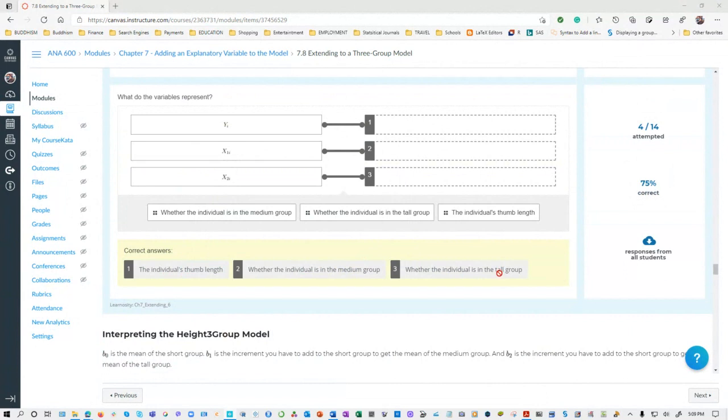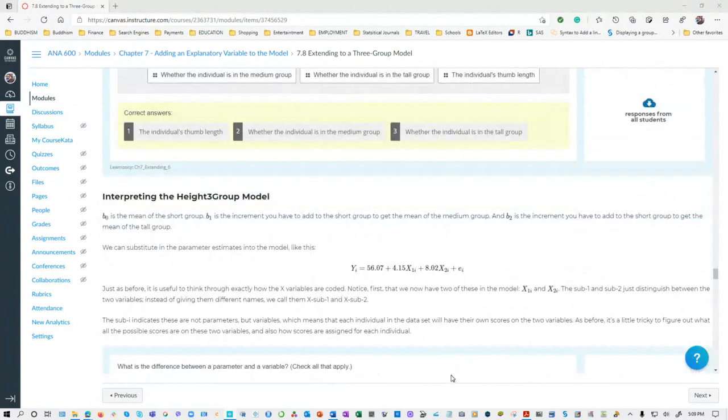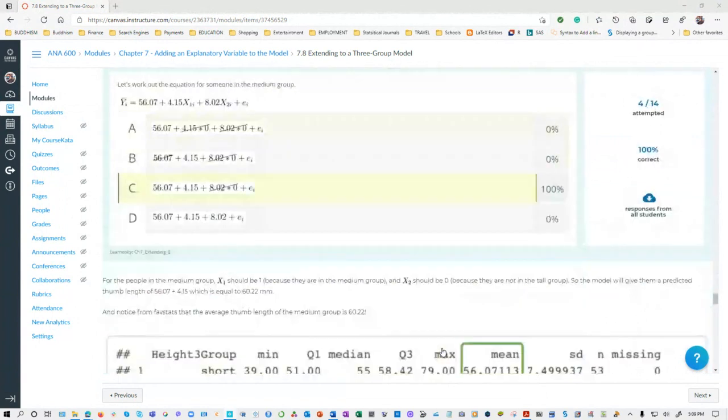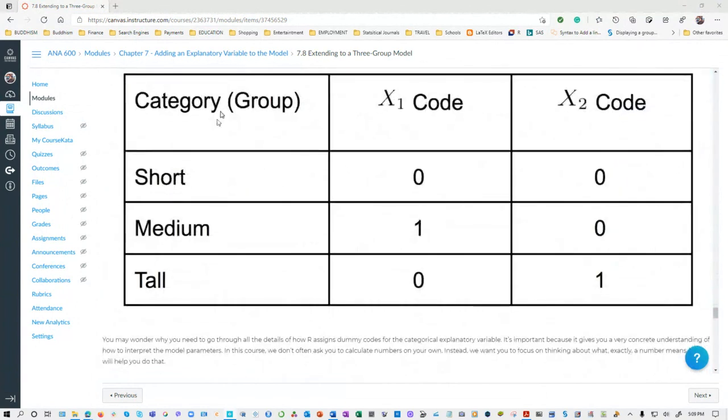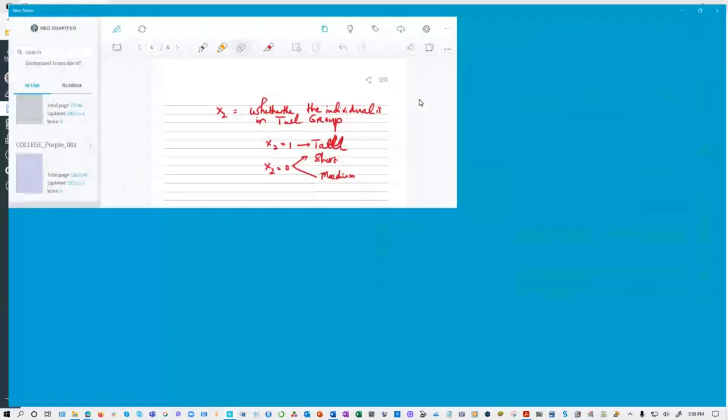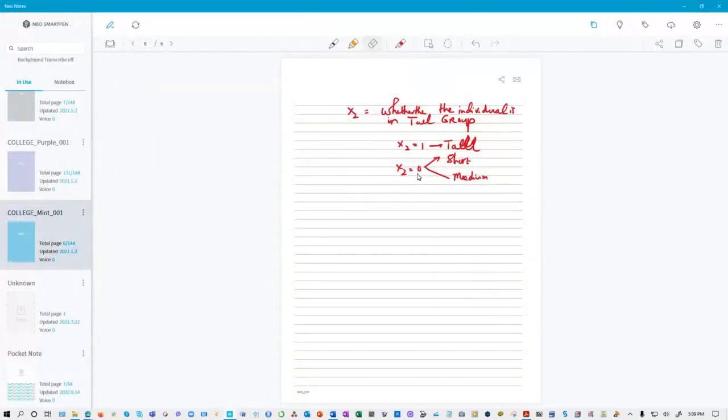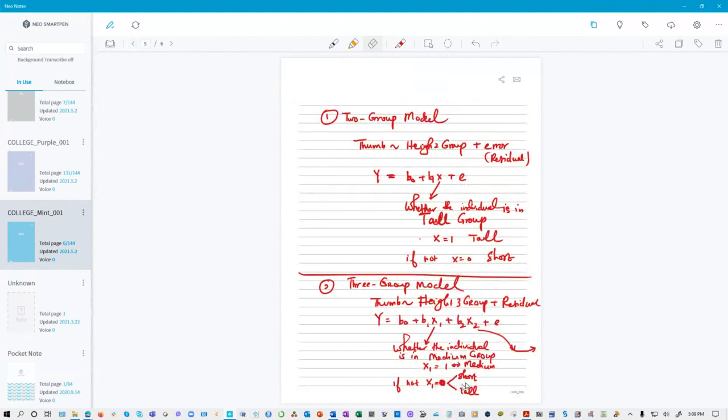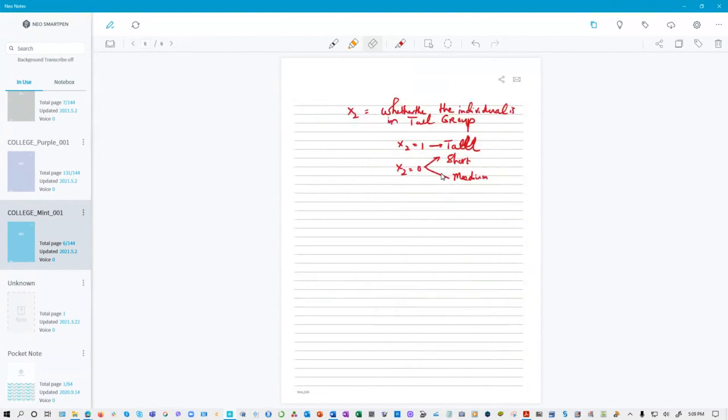X1, tall group. So how do you code this one? You need a code. This is the important part. If it is in the short group, X1 has to be 0, and X2 also has to be 0.